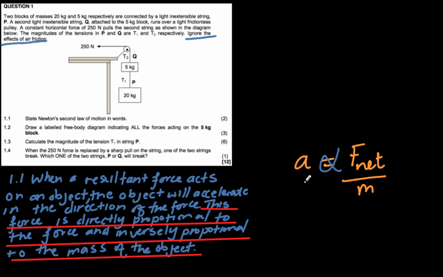So in this case, we are simply saying that if an object experiences a net force, then it's going to accelerate in the direction of the net force with the acceleration that is directly proportional to the net force and inversely proportional to the mass. So you can see acceleration is directly proportional to the net force and acceleration is inversely proportional to the mass. So that's how you can recall this law.